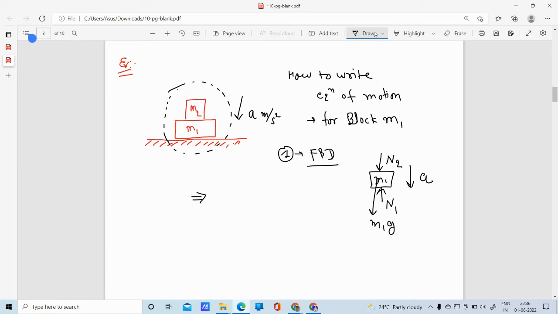So in the direction of acceleration, the net force is m1g plus N2 minus N1. So this is our net force, and then the force due to this acceleration, that is m1a.